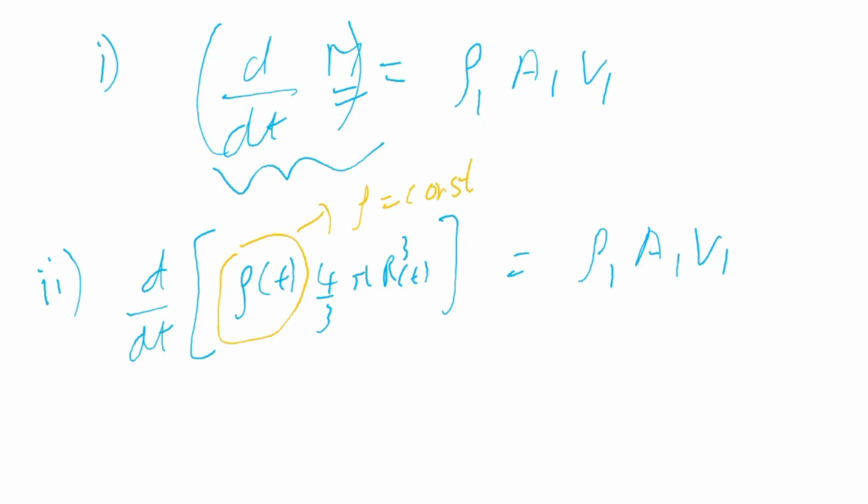So the density of air inside is constant. In that case, what is the rate of change of radius? Since rho and 4/3 and pi are constant, you can take them outside the derivative. So you have 4/3 pi times rho, d/dt of r cubed.